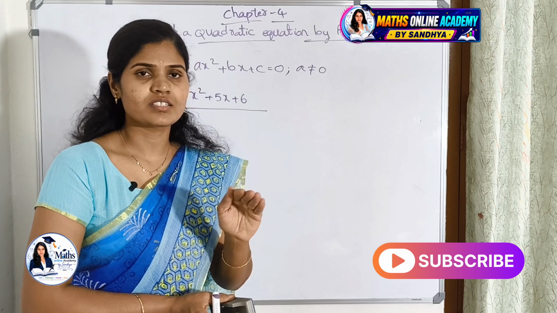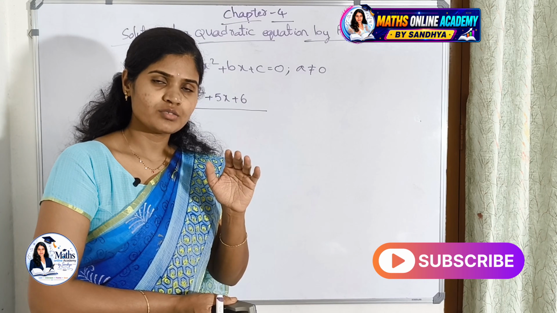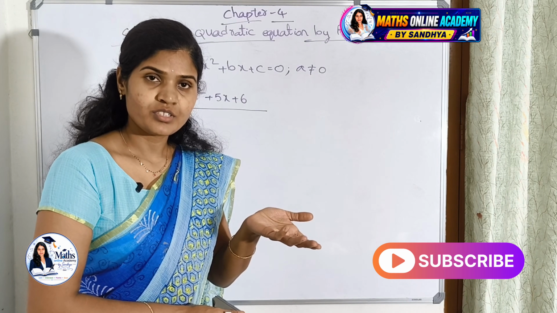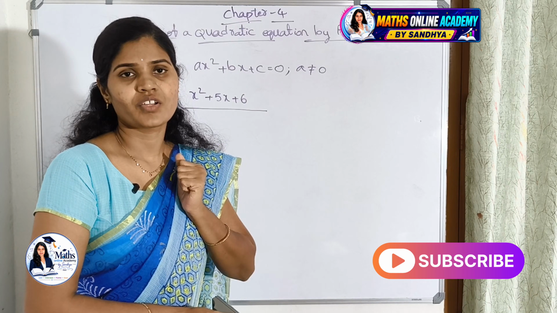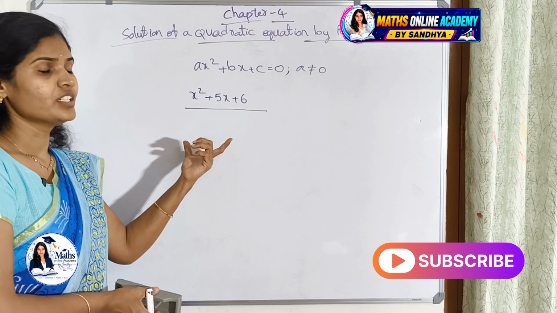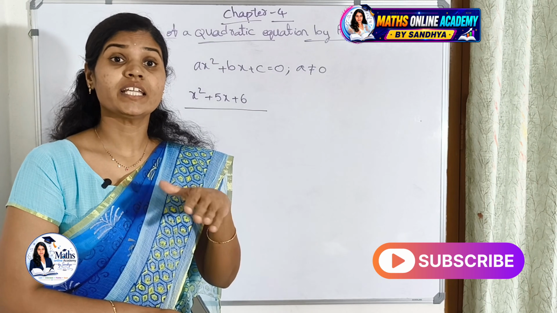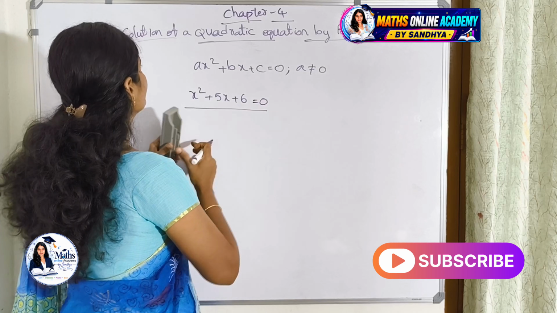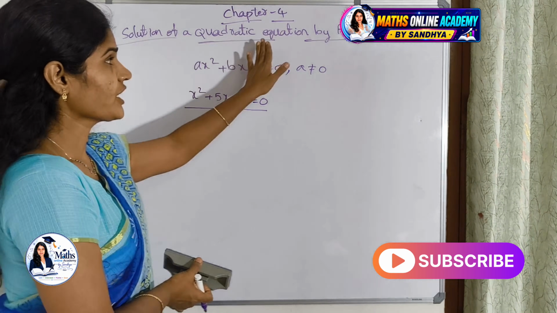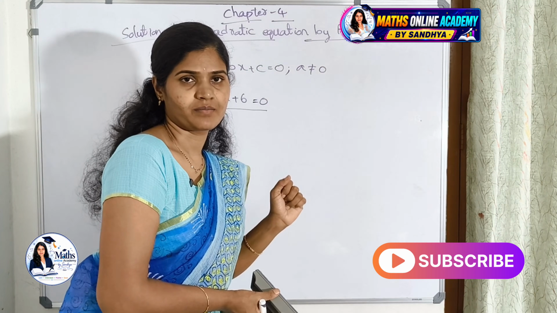But the process is the same. The solutions of the quadratic polynomial are called zeros, and here we call them roots of the quadratic equation.